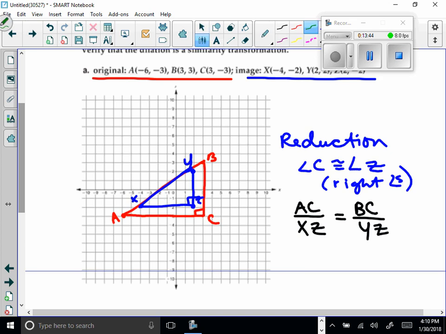So AC, we just count the units. So this looks like it's 9 for AC, and for XZ is 6. YZ is 4. And BC is 6. So we'll put those values in. AC 9 over 6. We want to know, is that equal to 6 over 4?